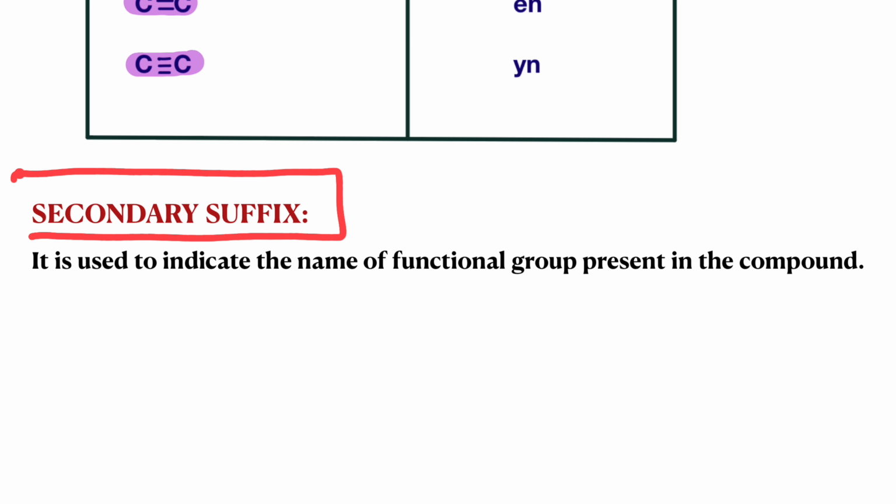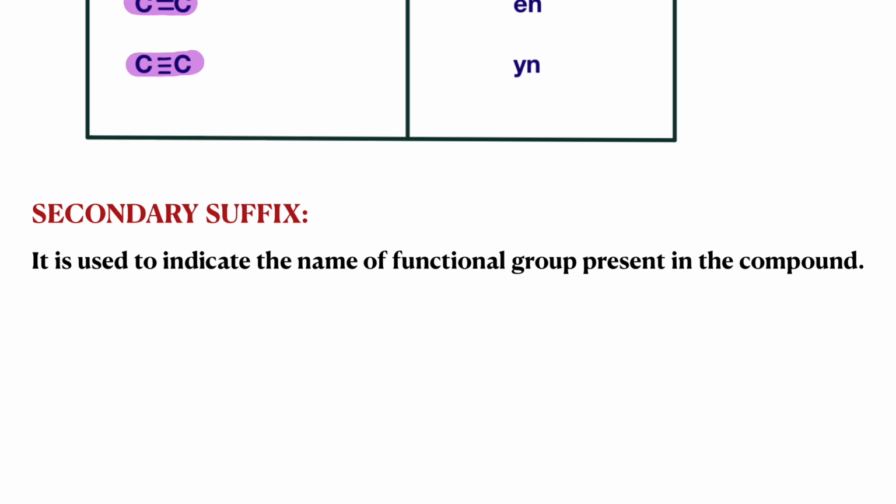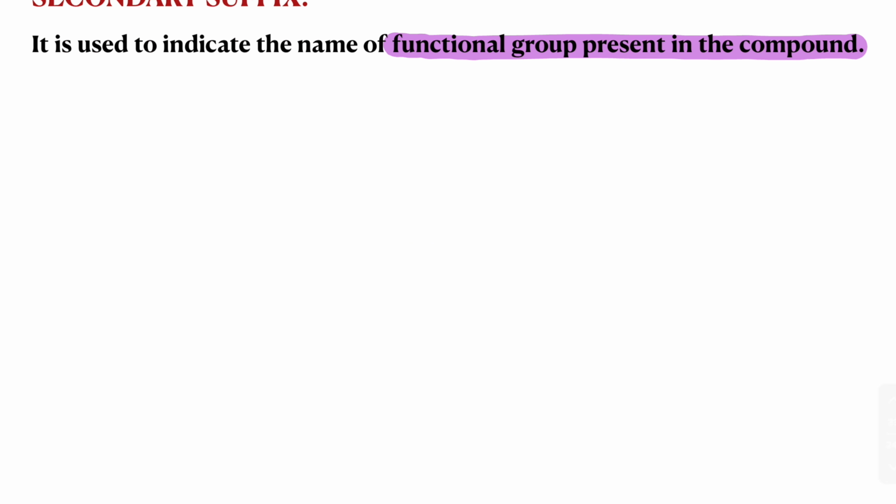The next one is a secondary suffix. The secondary suffix is based on the functional group. What is the functional group present in the parent chain, the longest chain? So based on the type of functional group, we use a secondary suffix.